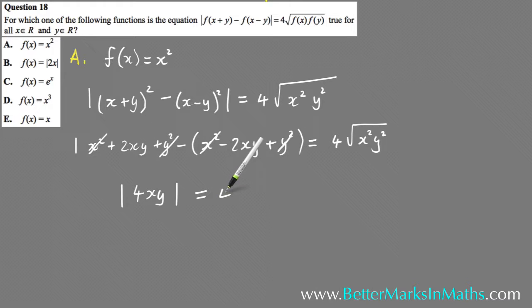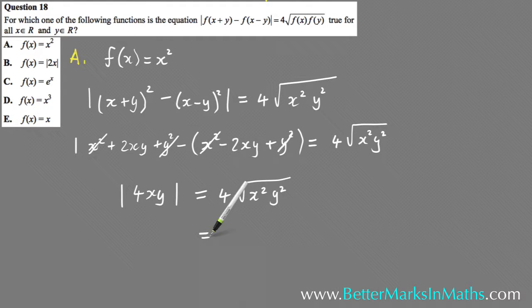So is that equal to 4 times the square root of x squared y squared? So this means the value of this is going to be 4 times x times y, and if x or y are negative numbers, then all of that will be negative, and then the absolute value will make the answer positive.